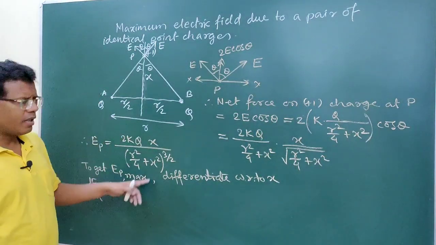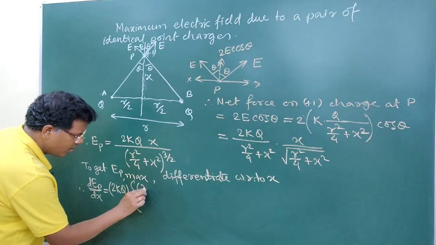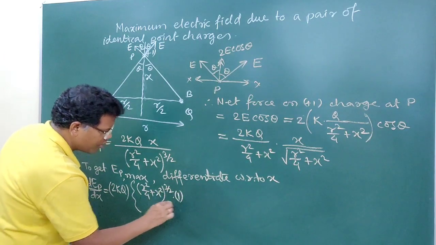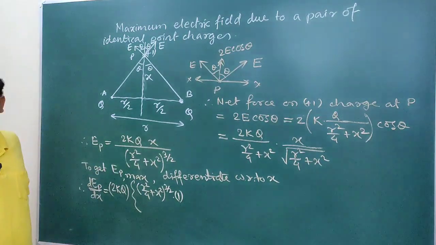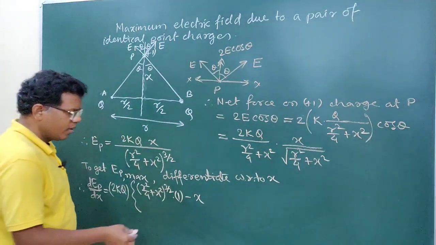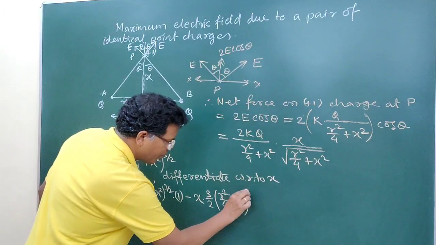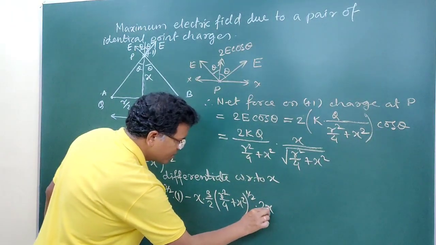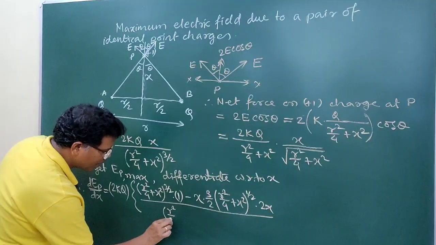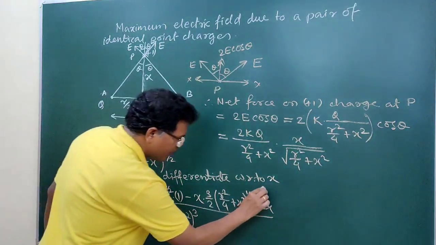So numerator by denominator differentiation, u by v, can be done as v into du, differentiation of u is 1, that is x differentiated with respect to x is 1, minus u into differentiation of denominator, so that 3 by 2 into r square by 4 plus x square to the power half, that into 2x, chain rule, whole divided by v square, means r square by 4 plus x square to the power whole square of this means it remains to the power 3.